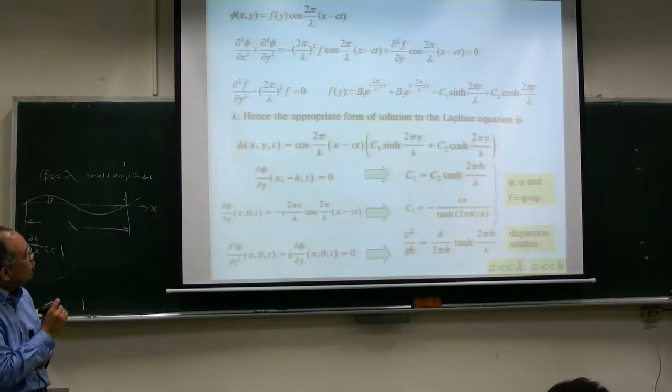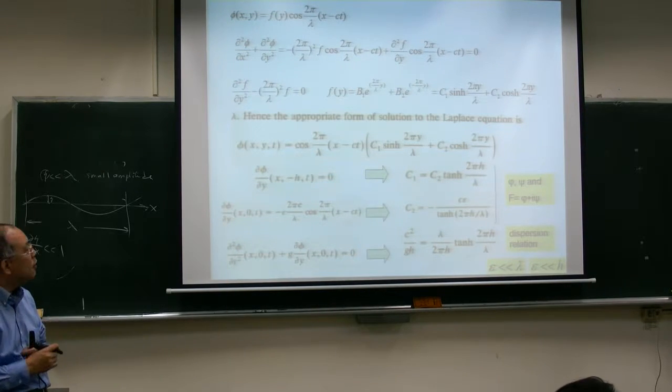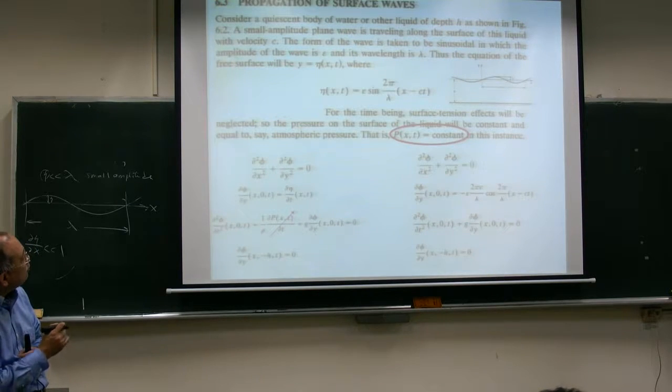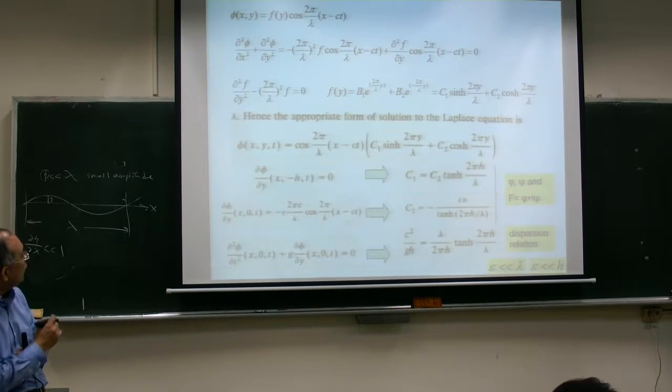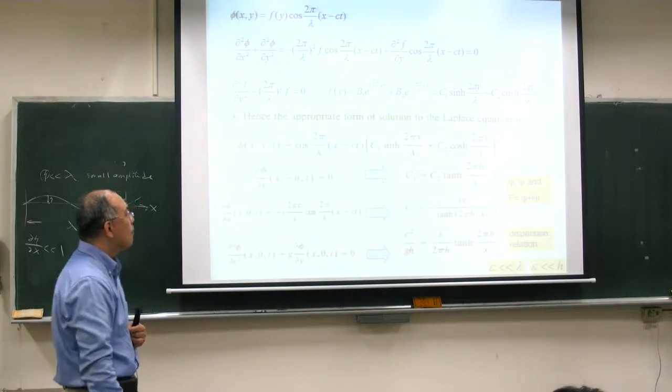So we can replace C1 with C2 times hyperbolic tangent of 2 pi h over lambda. And this is another boundary condition. This boundary condition is what? It is on the free surface, as you can see here. On the free surface we have a kinematic boundary condition. By applying the kinematic boundary condition, we can determine C2.